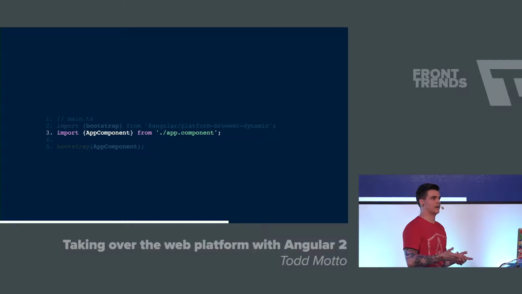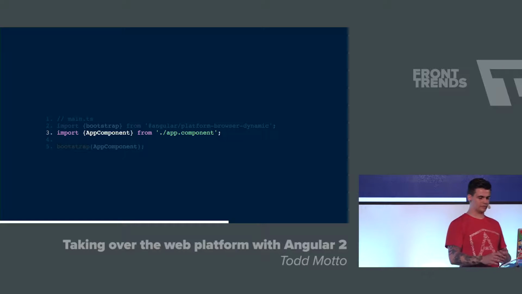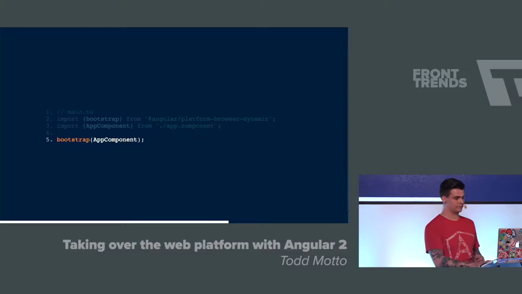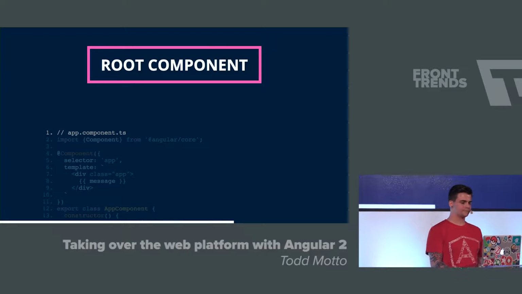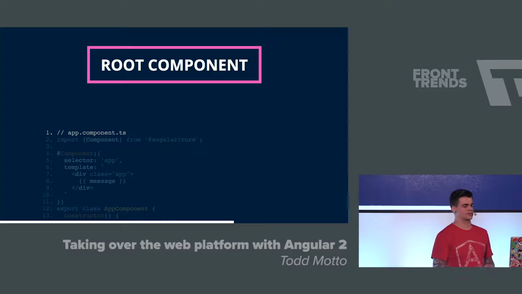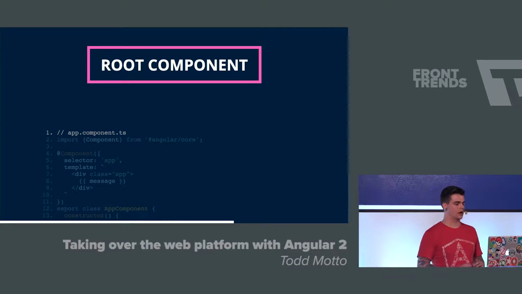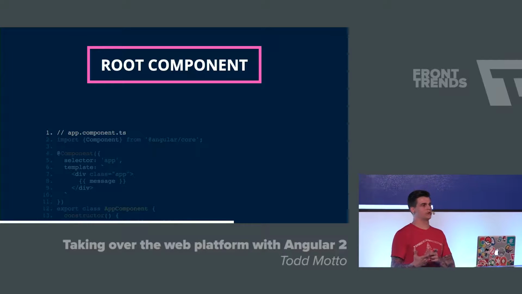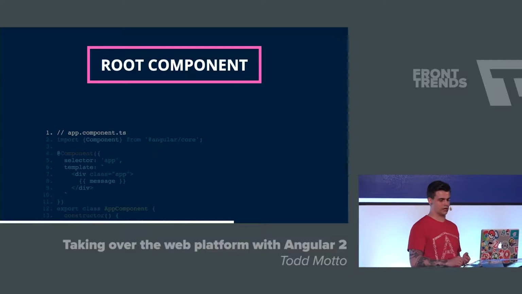If you've ever tried React, you'll be going, OK, yeah, I get this. Then we call our bootstrap function, pass the component in, and it's done. Very simple. Just to recap, bootstrap is how we kickstart the application, so we need a root component to do that. We imported app component, but what does that actually look like?